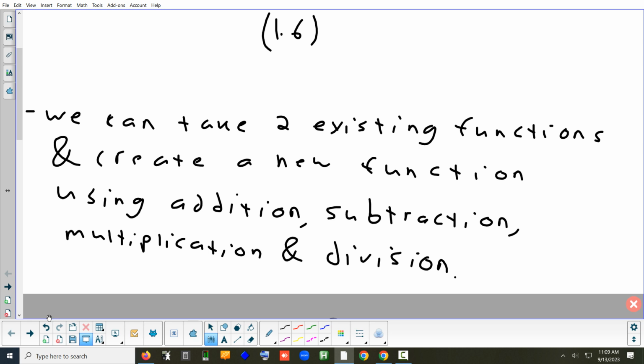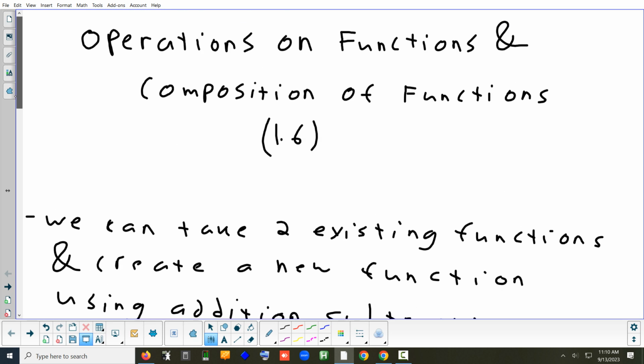You don't have to write that down necessarily. The way I'm going to start is with addition, subtraction, multiplication, and division. After we do it that way, then we'll get into composition.